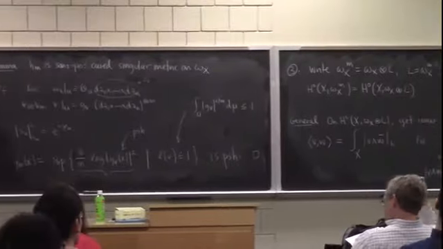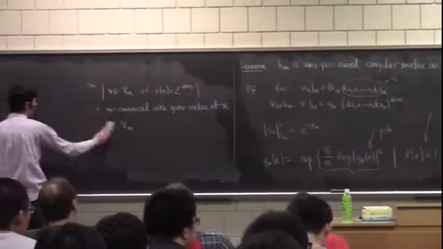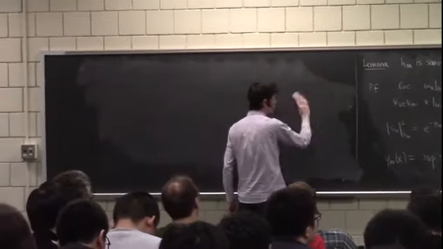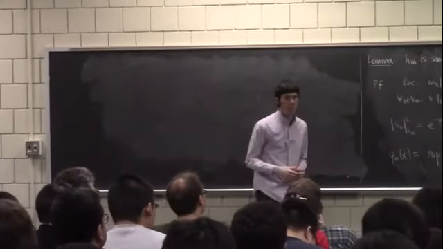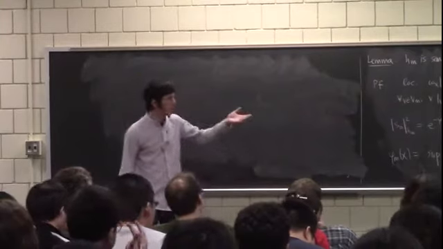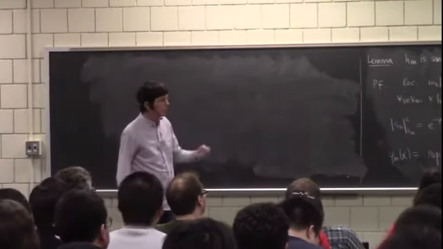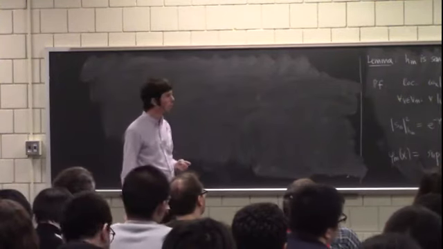Except, well, you don't actually literally get an inner product, right? Because you get something that you can integrate, but the problem is it might be infinite. If this phi is singular, then this integral might actually not be finite.